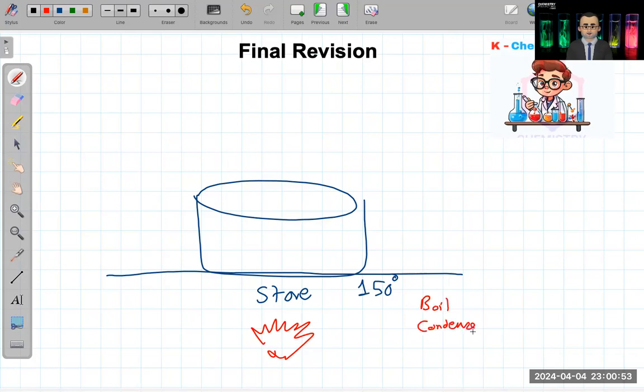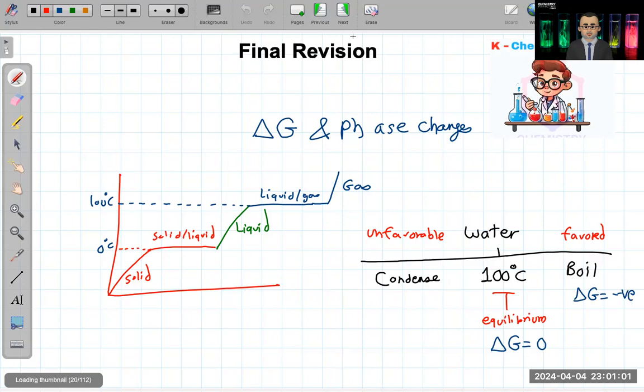You are always 100% sure that it is going to boil, because you know that above 100 the boiling is favorable. Is there any chance that it will condense? No, because this is an unfavorable reaction. But what happens if you did the opposite? What happens if you decrease the temperature? You move to the right or to the left?